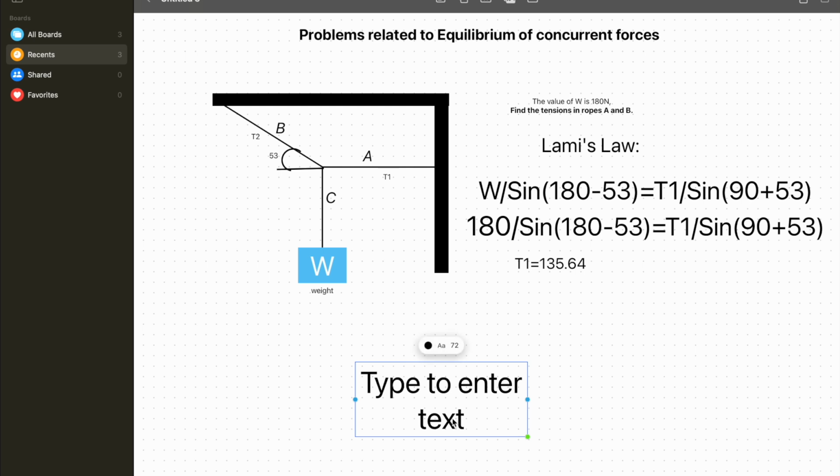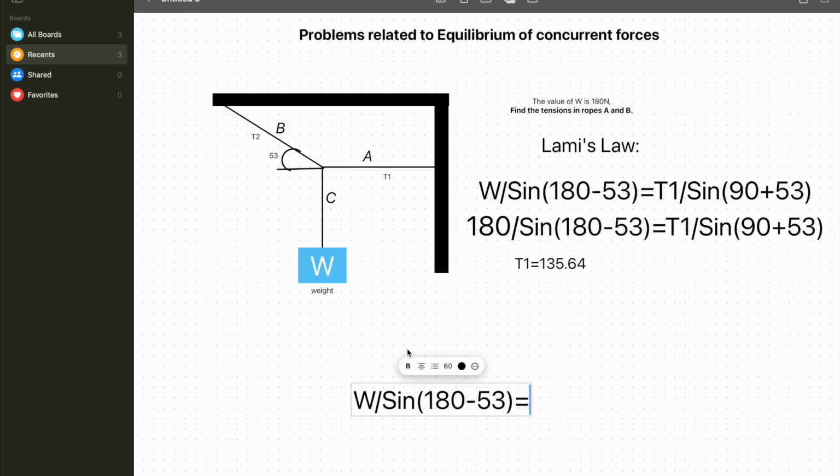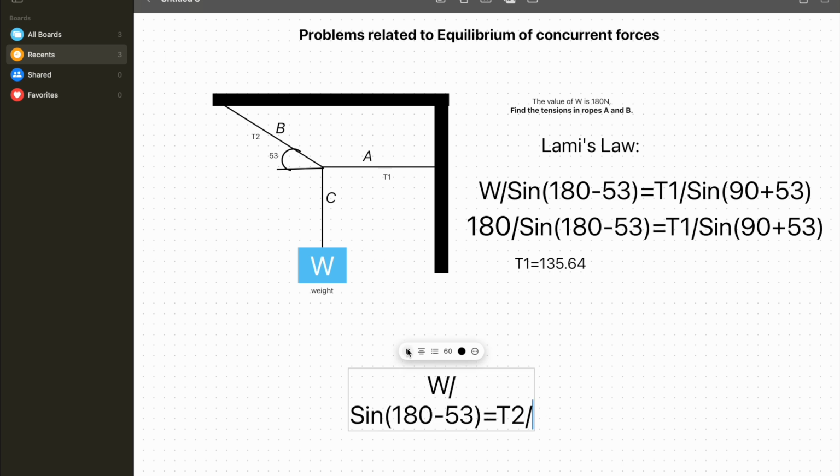According to Lami's law, the left hand side part will remain the same, but now the right hand side will change. So T2 divided by sine of 90 degrees, right?